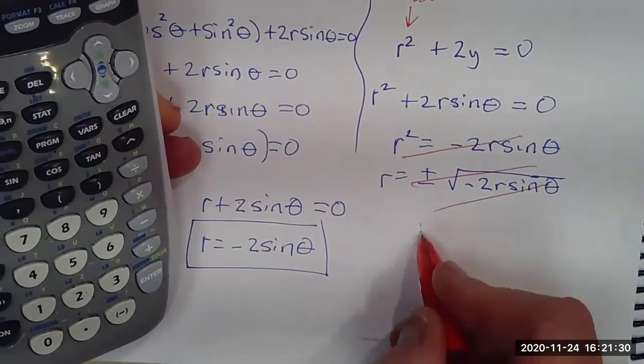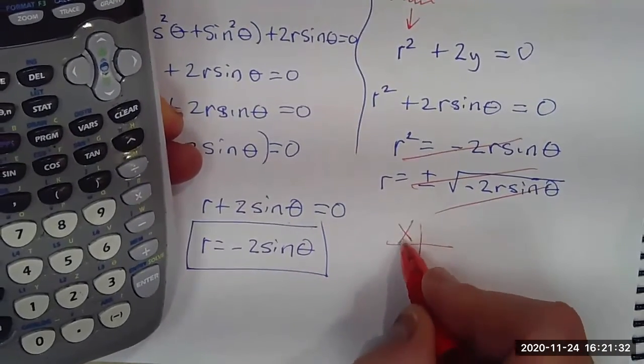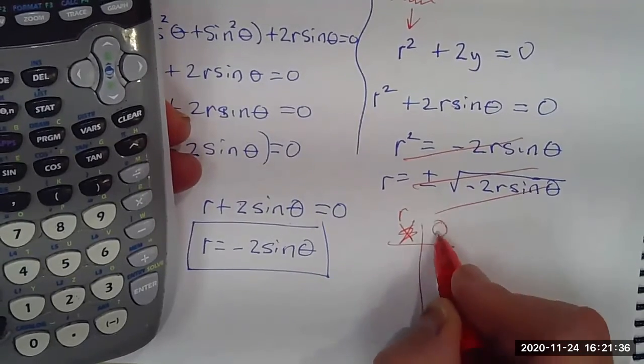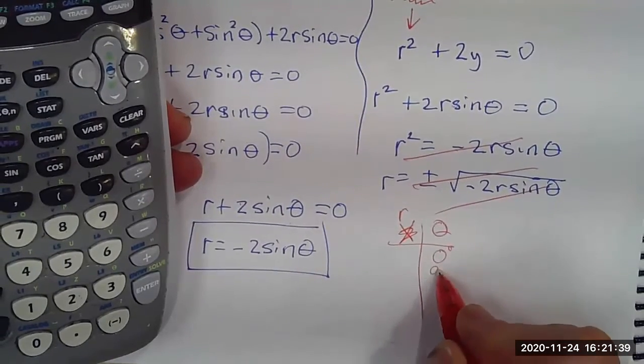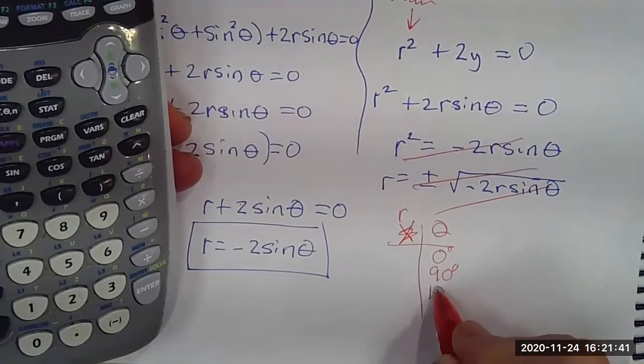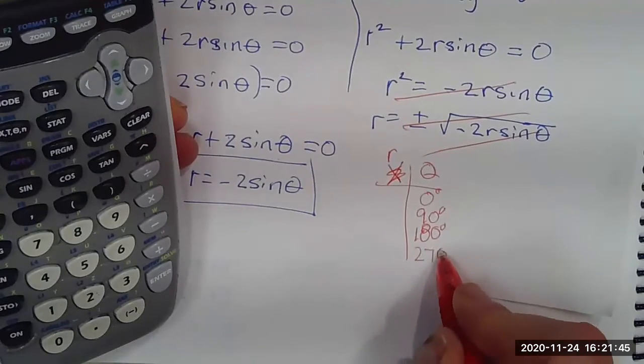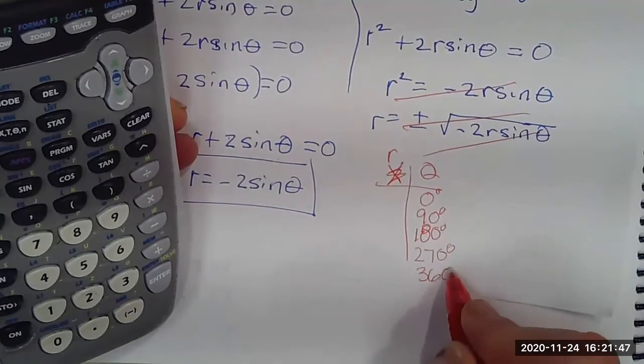If you make a table of values, r and theta: you go 0 degrees, 90 degrees, 180 degrees, 270 degrees, and 360 degrees.